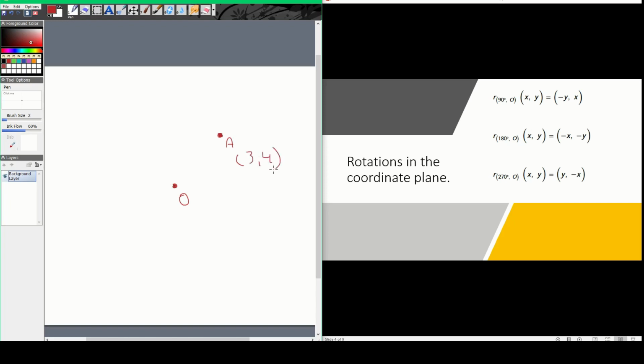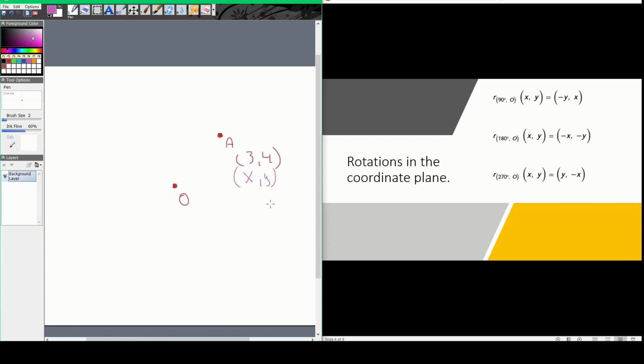Let's say it's at 3, 4. If I were to ask you to rotate point A 90 degrees about O, I would change my X and Y order, and then I would negate my Y. What does that mean? So I have this is my original X, this is my original Y.